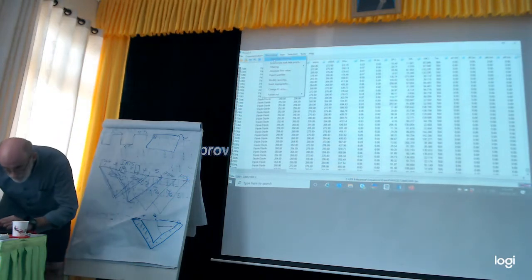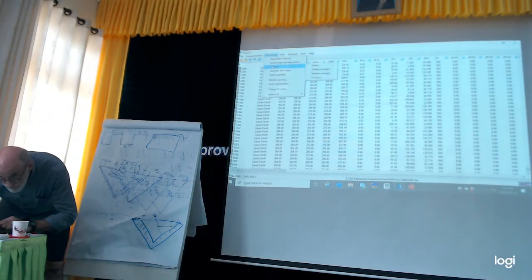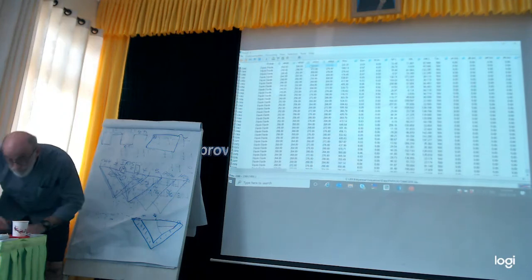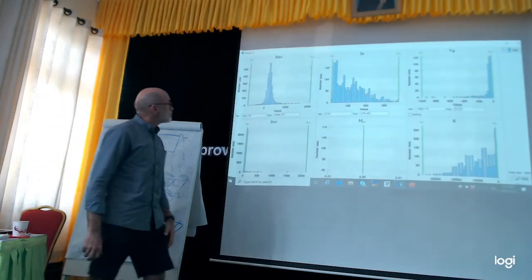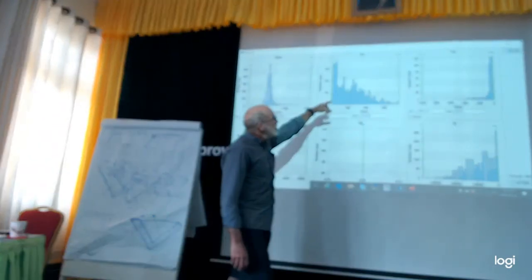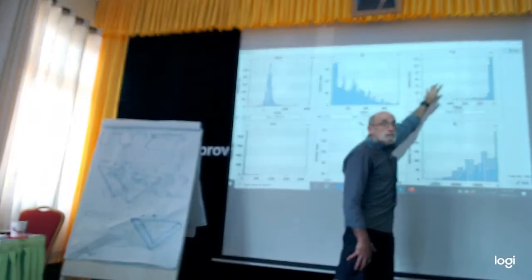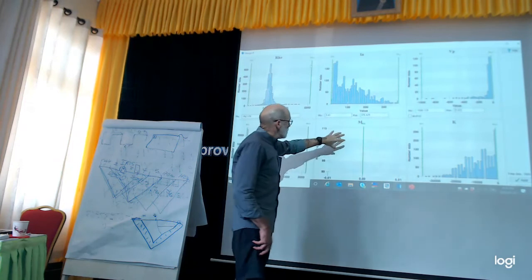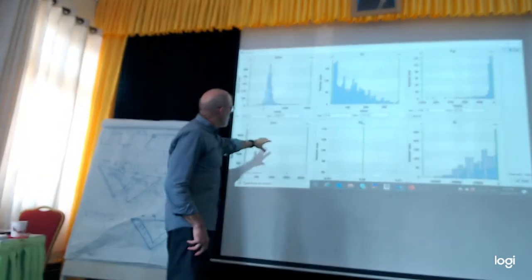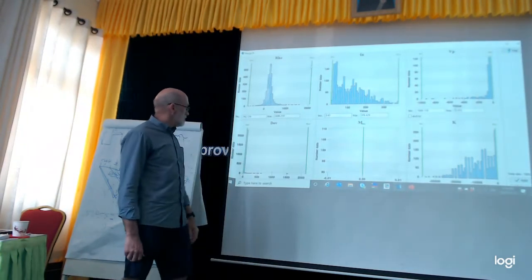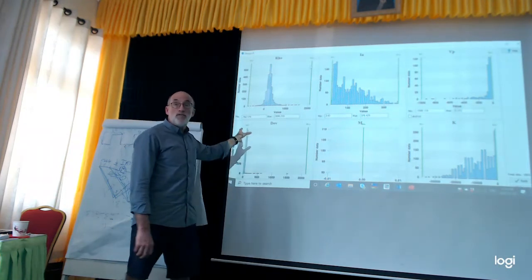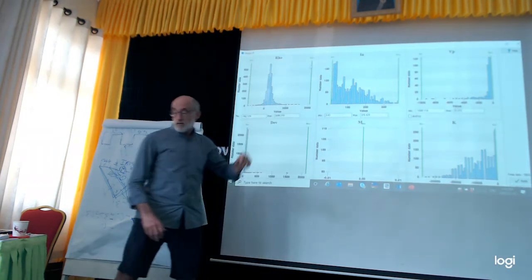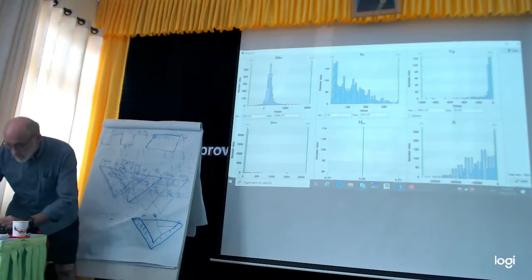This is manual filtering. Here's our row values. Here's our current, our potential voltage. That's our K values. That's IP. And here's your deviation. So you can do your own filtering manually.